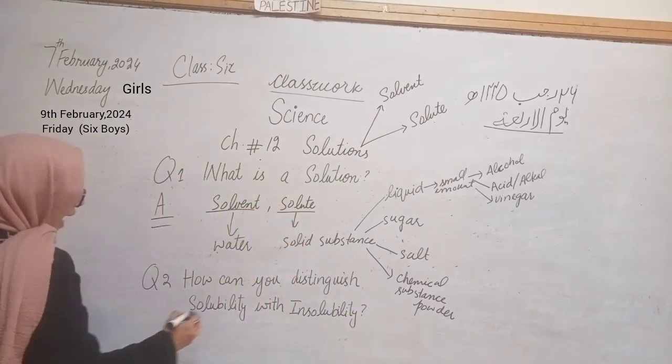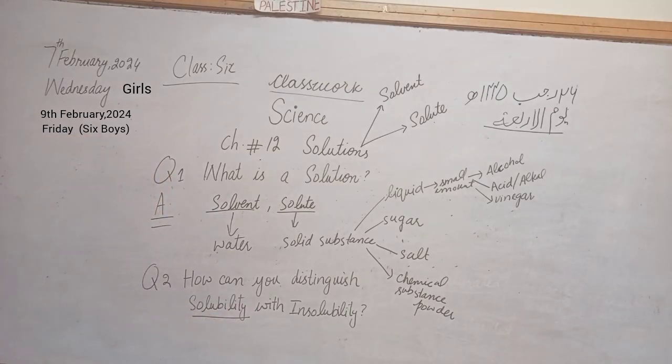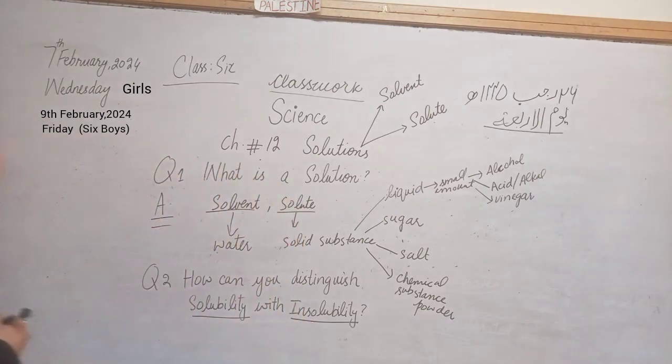You will first write the heading of solubility, and you will write about solubility, in which we discussed the ability of something to dissolve. And second, you will write the heading of insolubility, and under this heading you will write the inability of substances to be dissolved in any mixing substance.